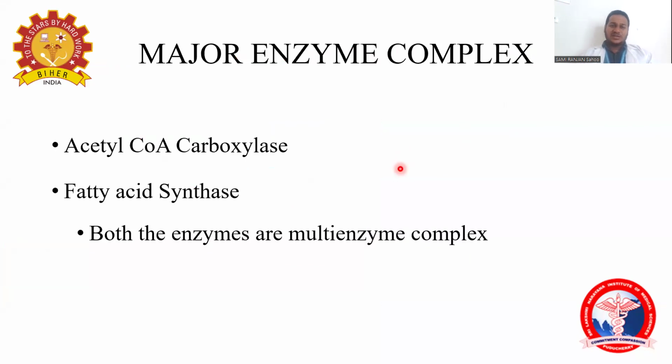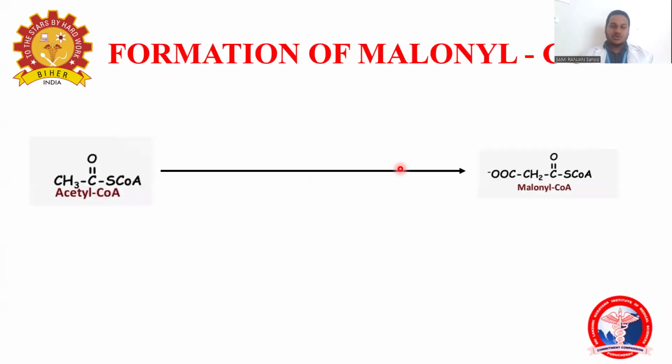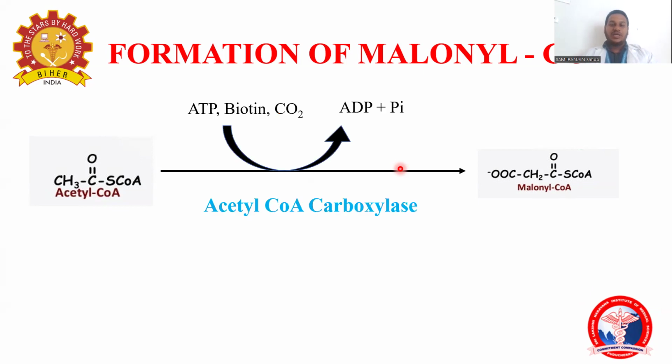Next, we have two major complexes: the acetyl-CoA carboxylase enzyme as well as the fatty acid synthase enzyme complex. Both are multi-enzyme complexes. The formation of malonyl-CoA from acetyl-CoA is carried out by acetyl-CoA carboxylase. Since it is a carboxylase enzyme, we need ABC, which is ATP, biotin, and carbon dioxide.